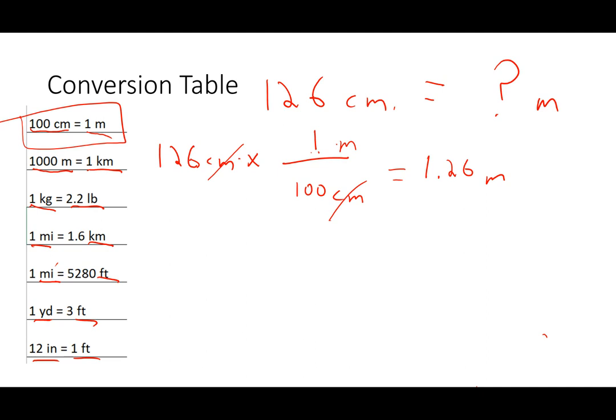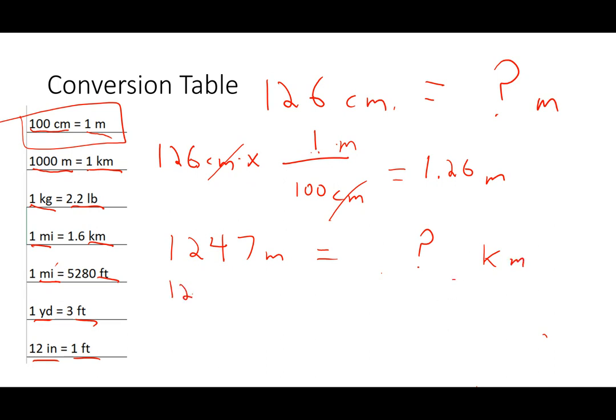Let's do another example. Let's say I wanted to convert 1,247 meters, and I wanted to know how many kilometers is that? Well, remember, you're always going to start with your given.